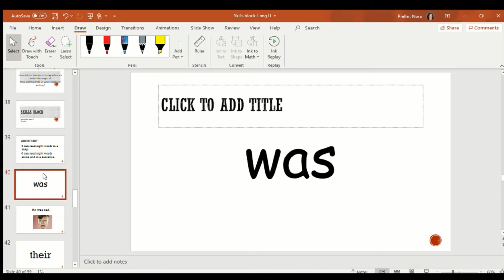Let's get started. Our first sight word is, I'm going to let you try to read it first and then listen to me in case you don't know it. What's this word? Was. Was is spelled W-A-S. Now we're going to play mix it, fix it. So I'm going to erase some letters and see if you can remember them, and then I'm going to erase the whole word and you're going to help me spell it.